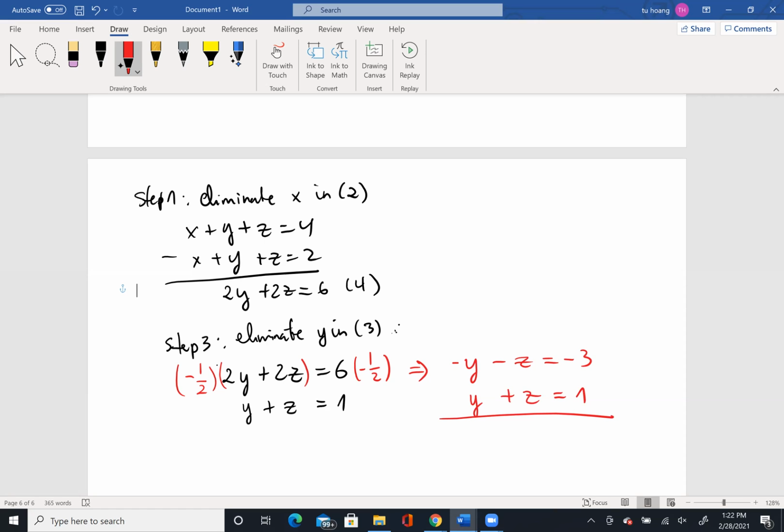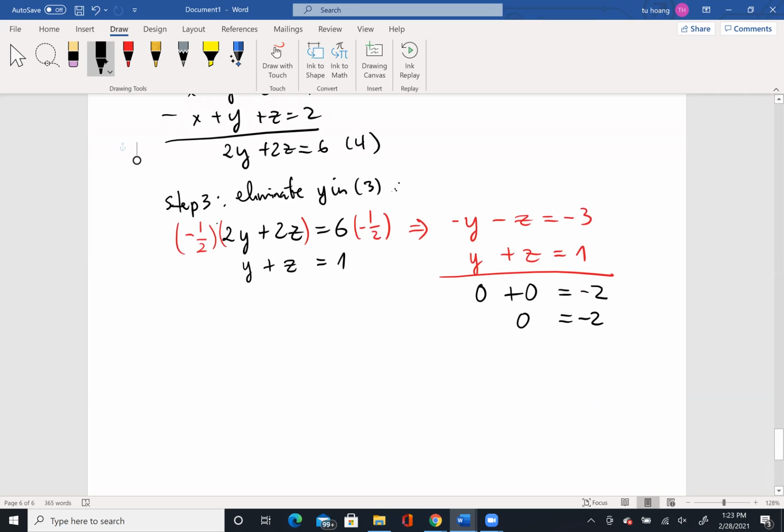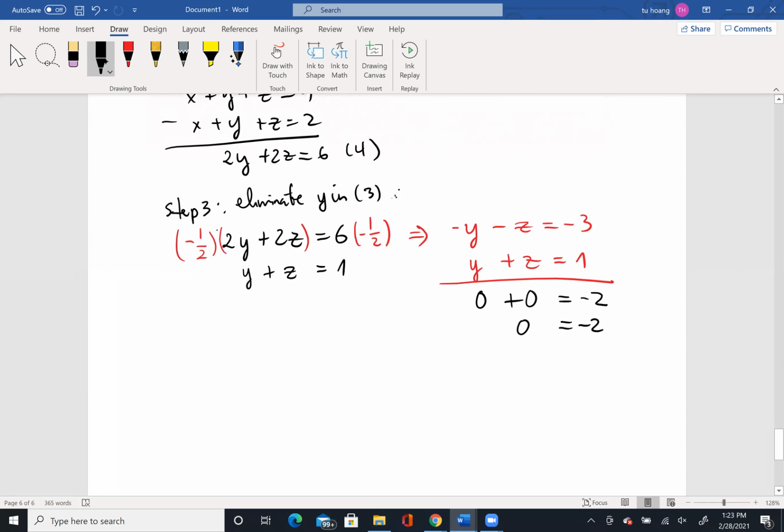So when you're adding them, you will get no y and no z, equal to negative 3 plus 1, which is negative 2. So 0 equal to negative 2, which is never true.